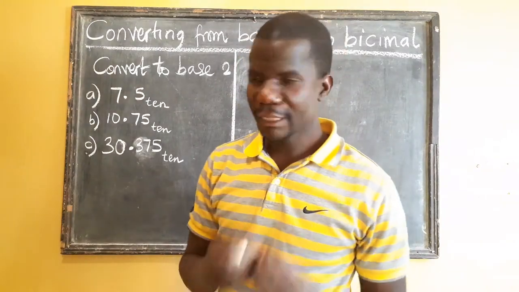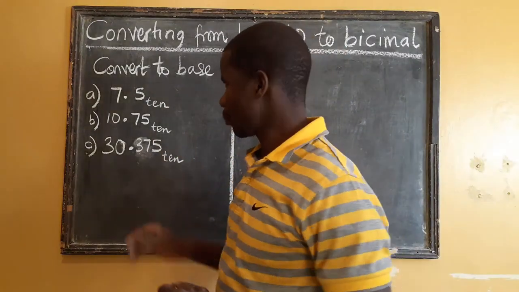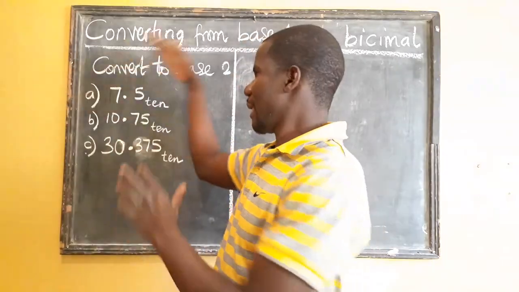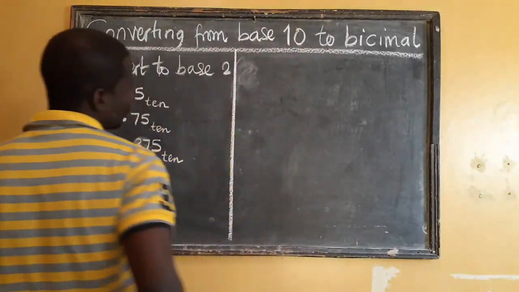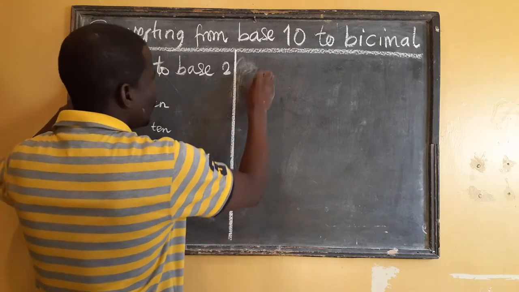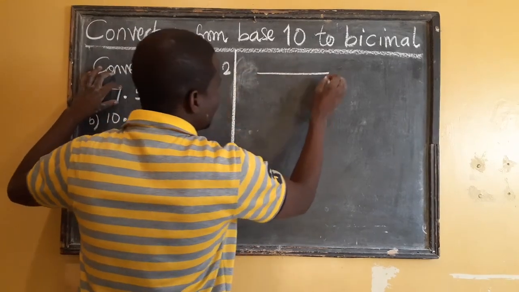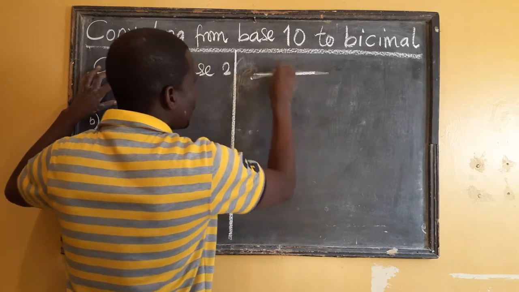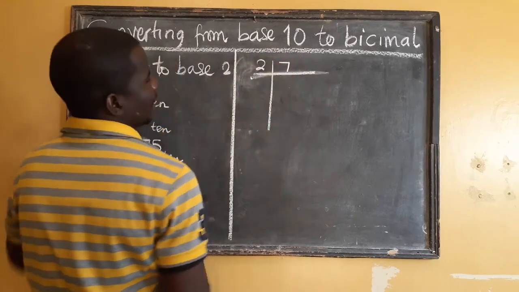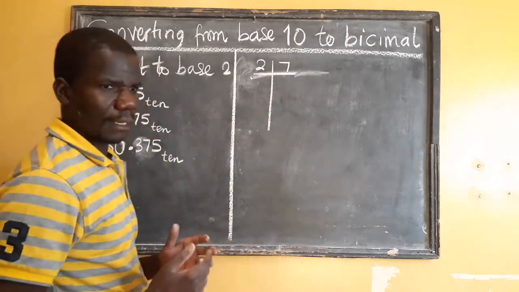And I want you to pay particular attention here. We can start with the first one. So we have the whole number here and the other number this side. Let's start with the 7. How do we convert 7? For the whole number, we get 2, then 7 here. I think this is very familiar.